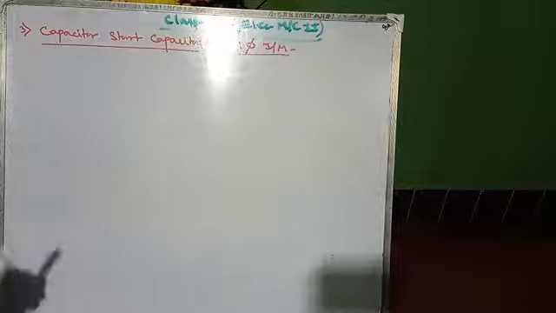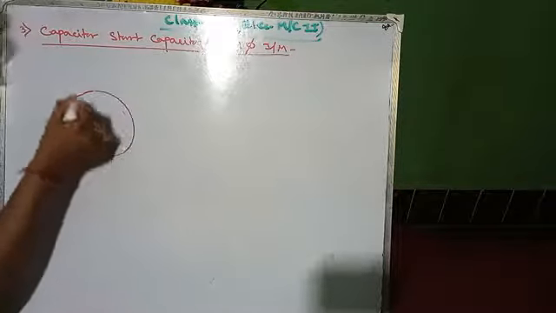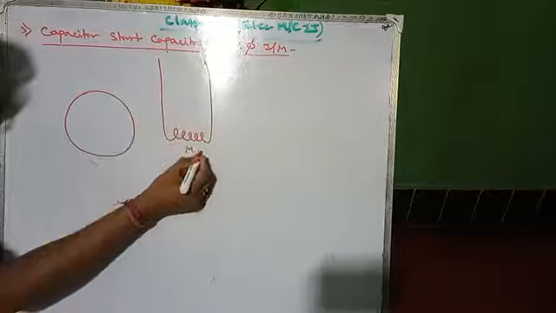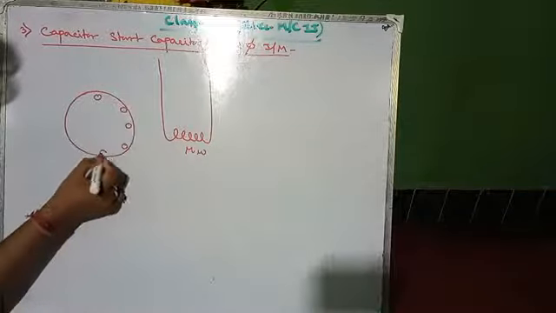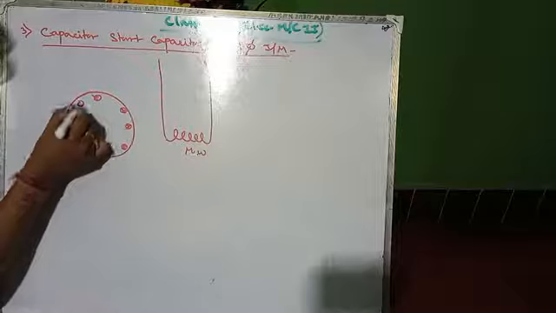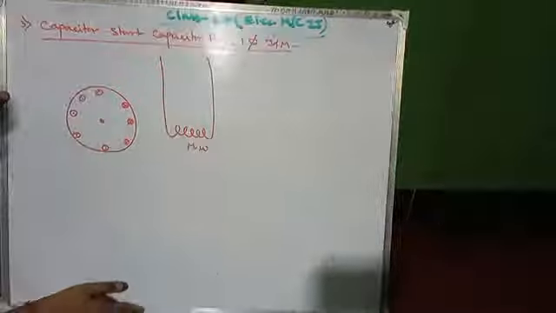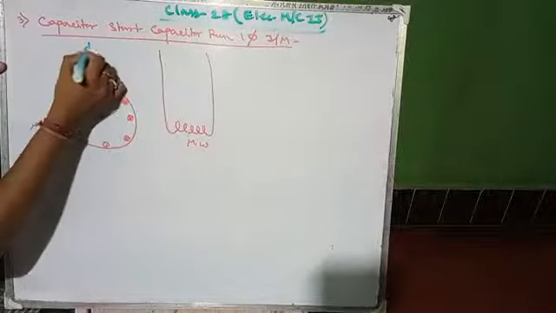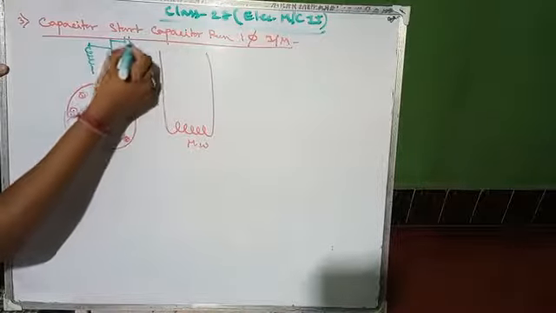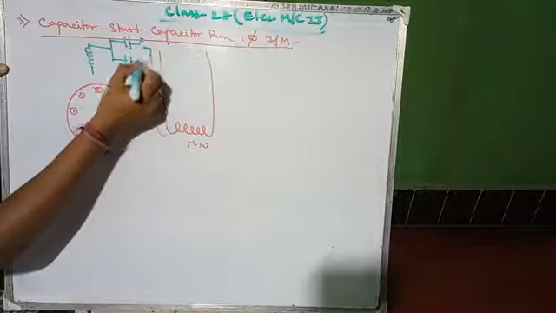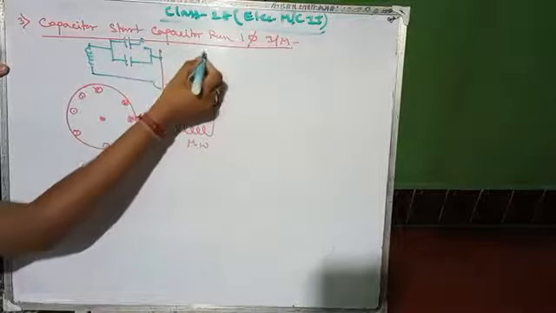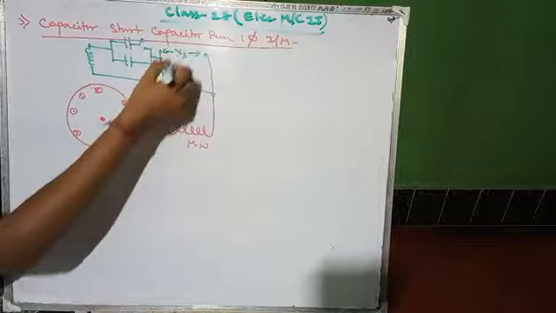So the circuit will look like this. Suppose this is the main winding, and VS supply is given.